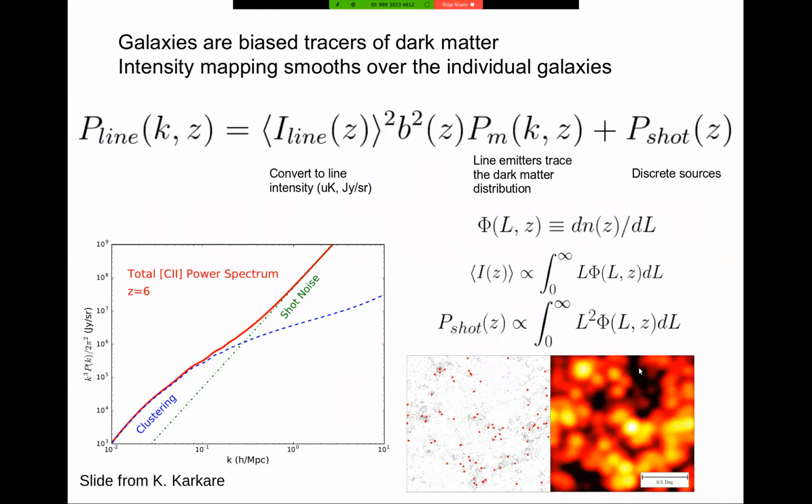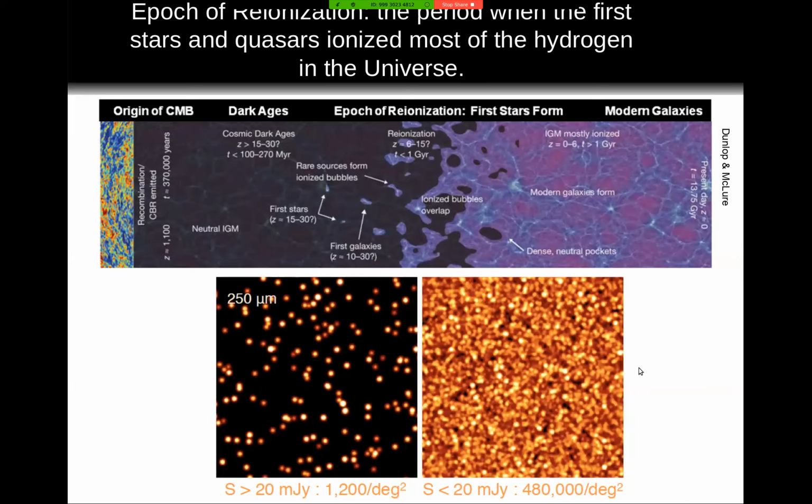So Eric, I want to interrupt and just ask a question about those previous two maps. If I understand right, those are the same sky, and the one on the left is, I have an instrument that has a sensitivity of 20 millijanskys, and I find all the circles in there that are sensitive to that, right? And the one on the right is, I actually made a map of all the intensity of everything, but with the same angular resolution as the one on the left.